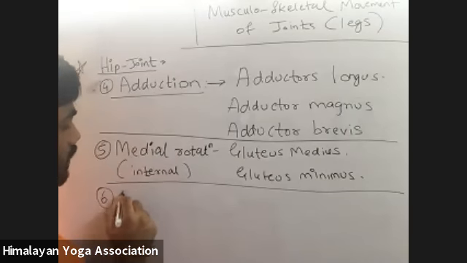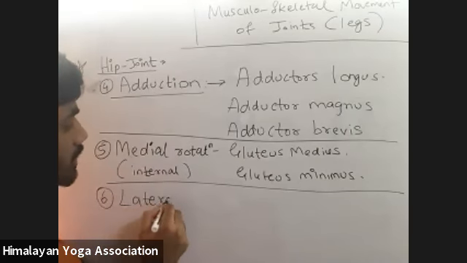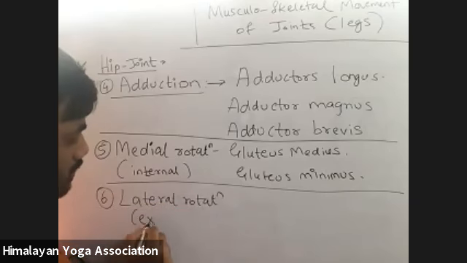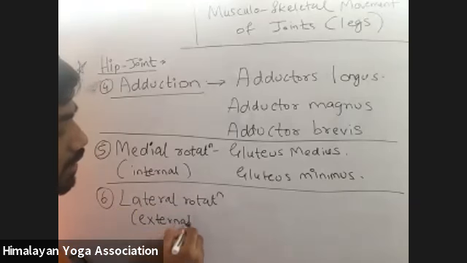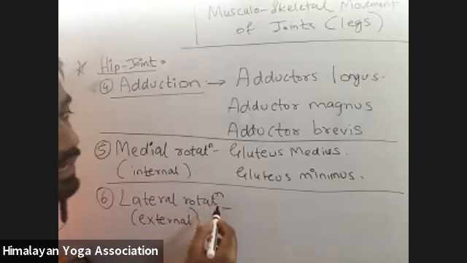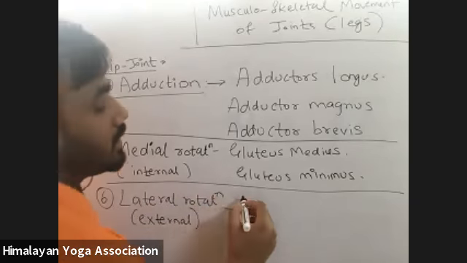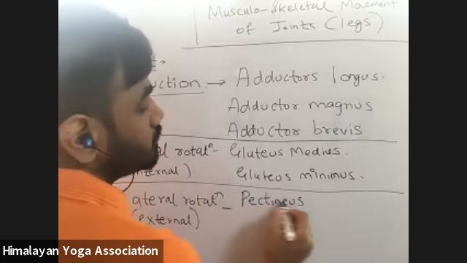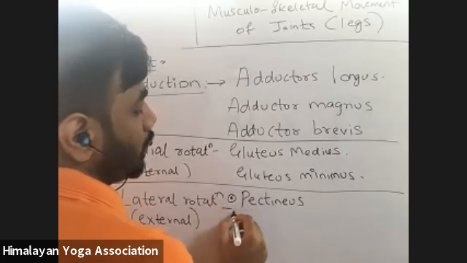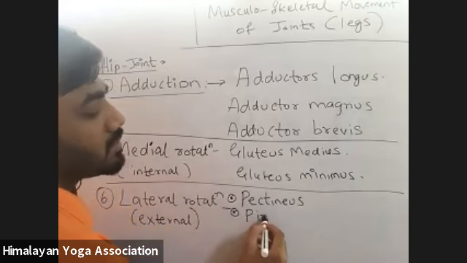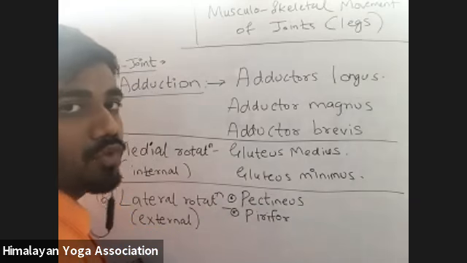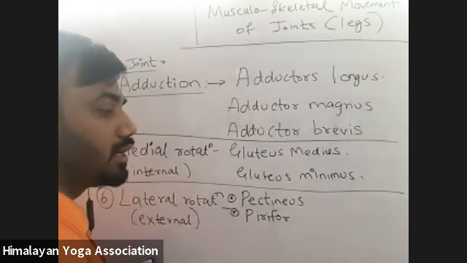And what is the next one? Lateral rotation. Yeah, lateral is external rotation. So to rotate our leg laterally or externally, there are some muscles like the pectineus muscle and the piriformis muscle, which are deep muscles in the top of our thigh.